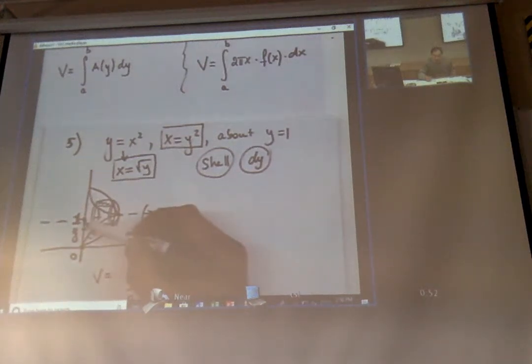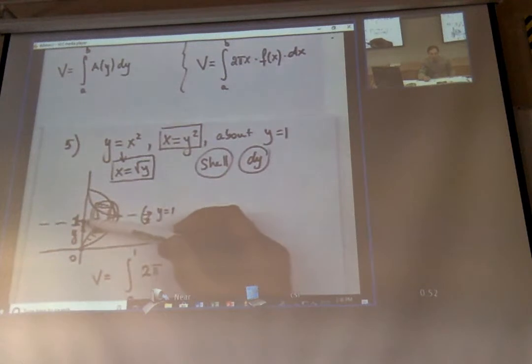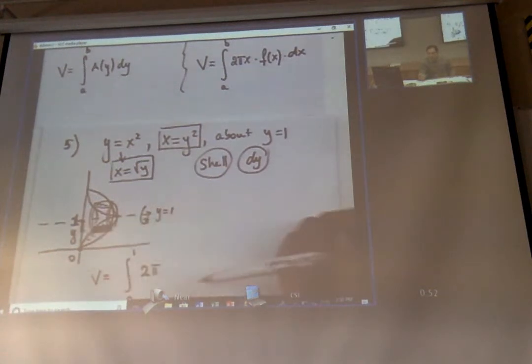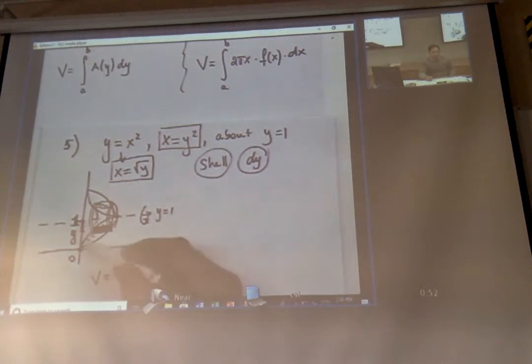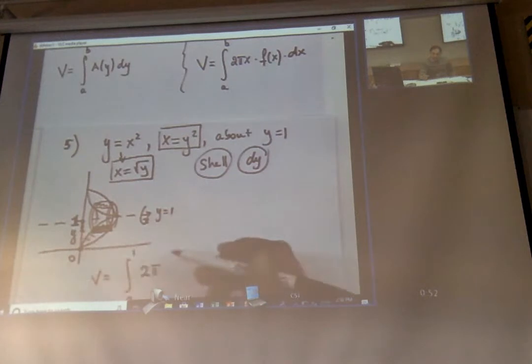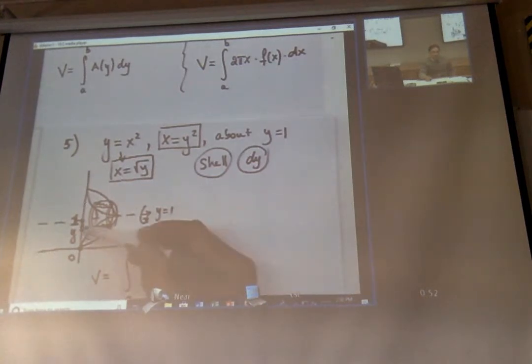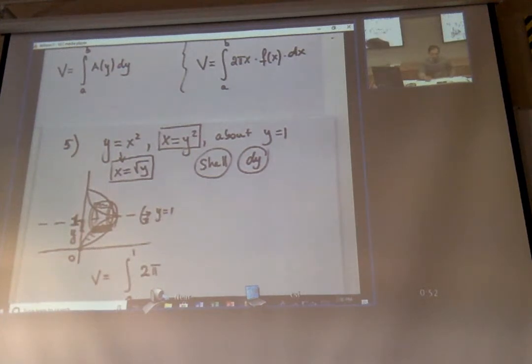So the question is, what is the distance from 1 to y? And you should know this. It will be 1 minus y. Can you see that? It's not y. Distance is not y, because you moved your axis of rotation. So the distance will be 1 minus y.